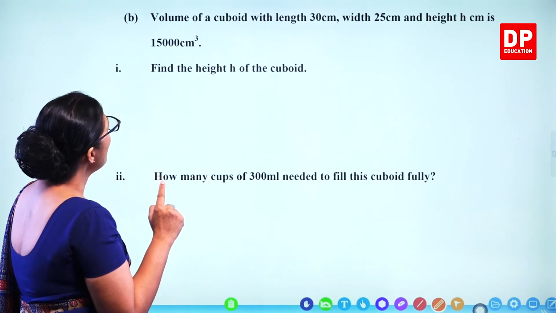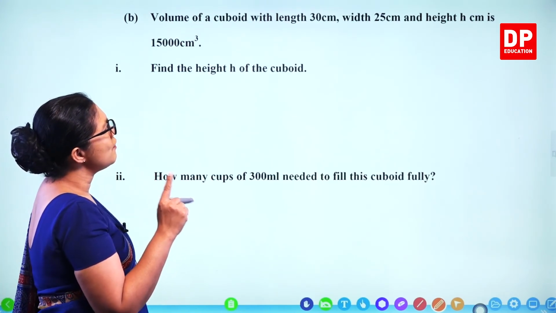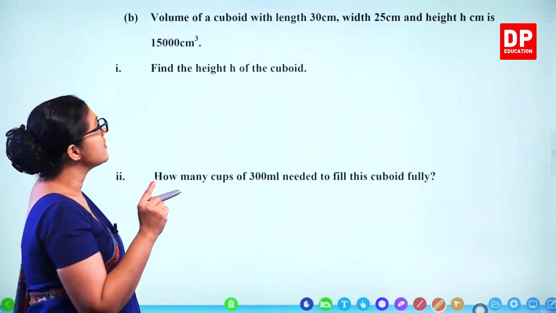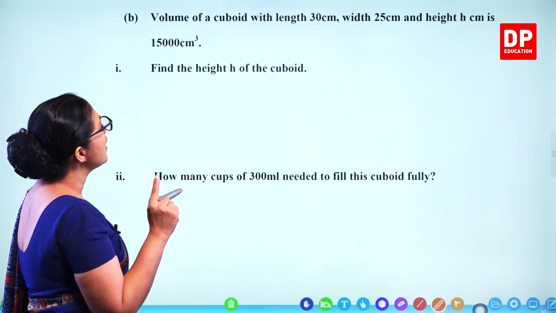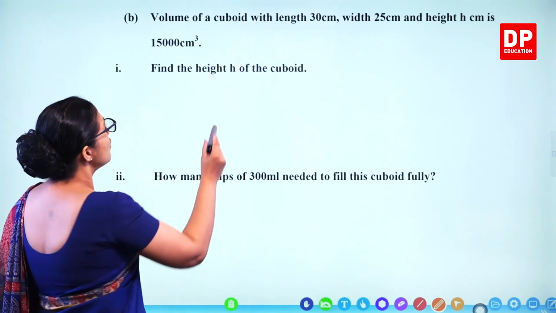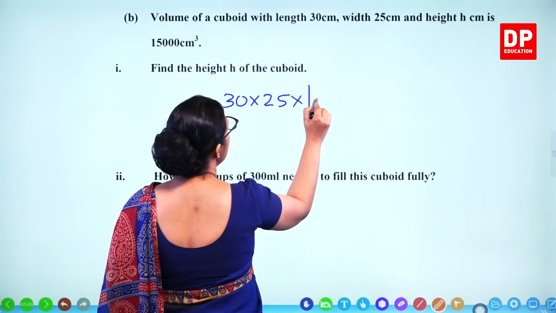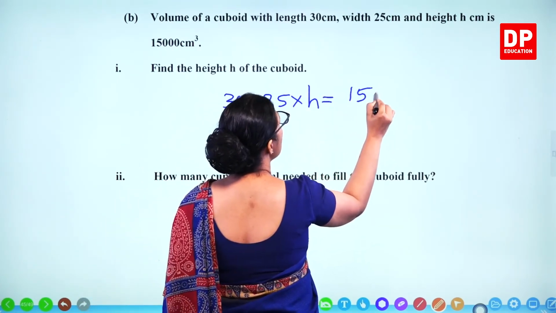Part B. Volume of a cuboid with length 30, width 25 and height h is 15,000 cubic centimeters. Find the height h of the cuboid. So volume, length into width into height, that's equal to 15,000.